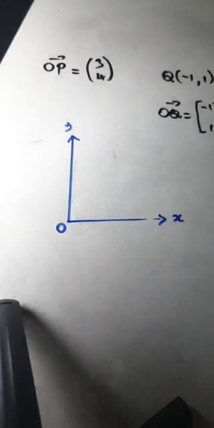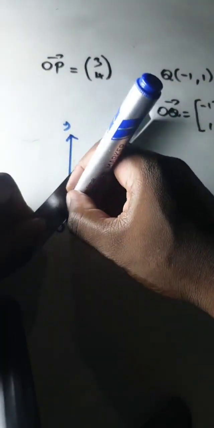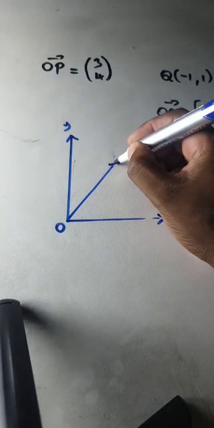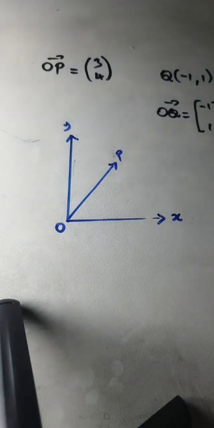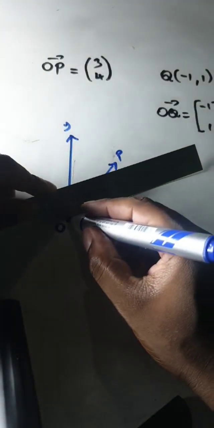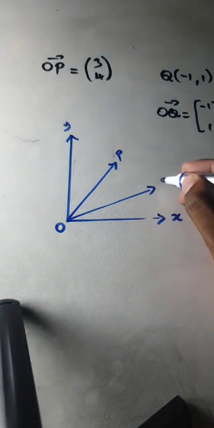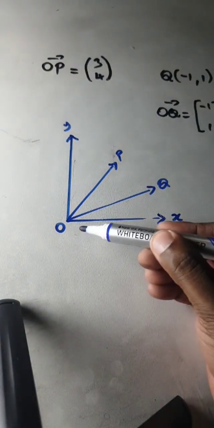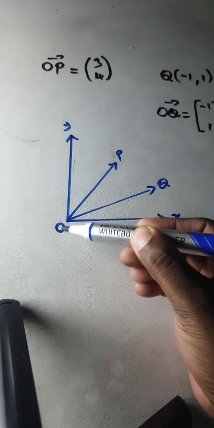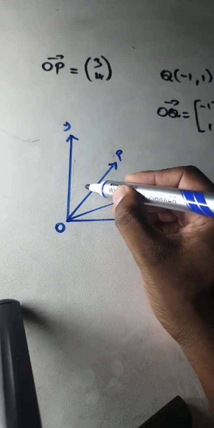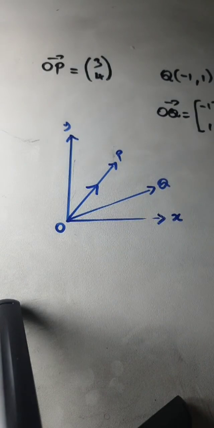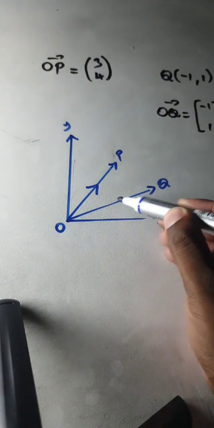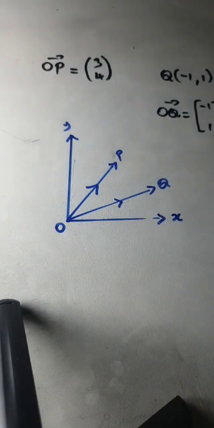So I'll write position P up, then position Q up. The direction is from the origin, the starting point, to where P is, and from the origin to where Q is.